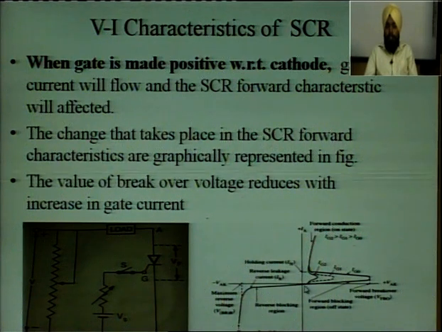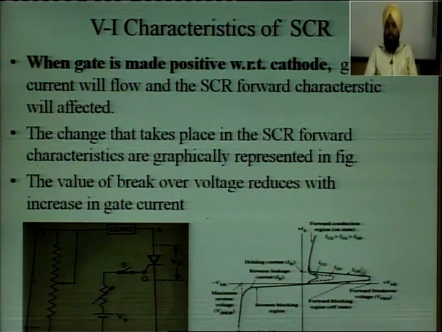So, in this case a small leakage current will flow through the thyristor, and the junction J2 will break down at the forward breakover voltage. After this, voltage drops and current abruptly increases. So, this is when gate current is 0.